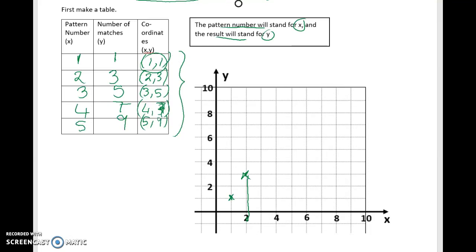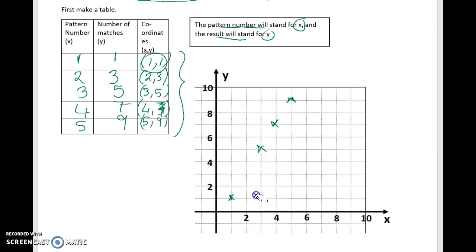Then I'm going to do 3, 5, so I'm going to go all the way to 3 and up to 5, and 4, 7, and 5, 9. And that is all I need to do.